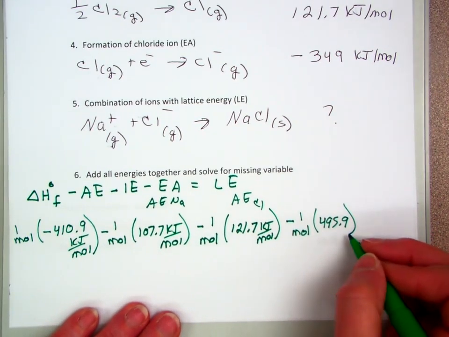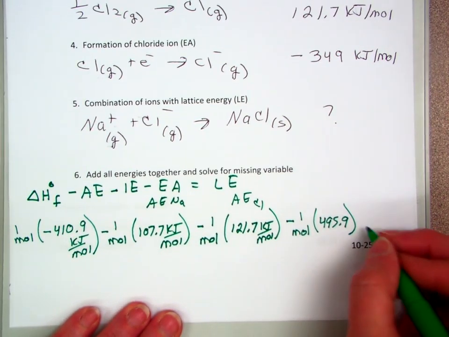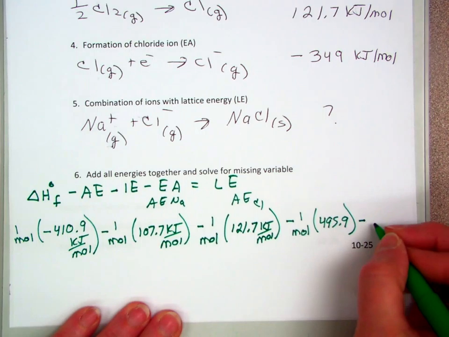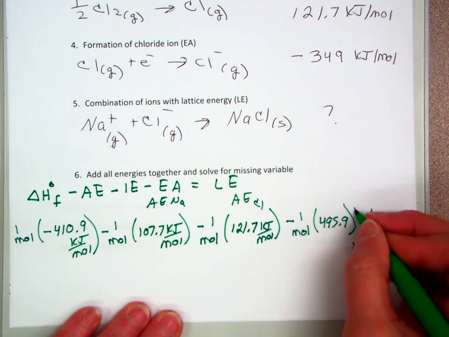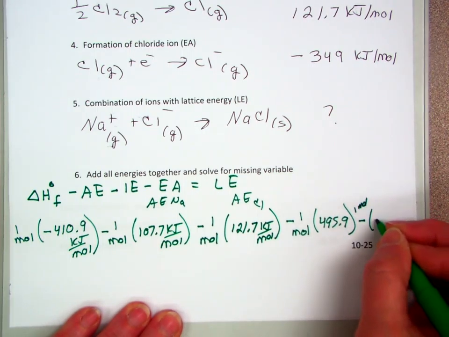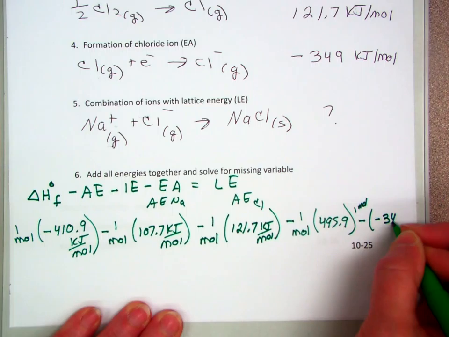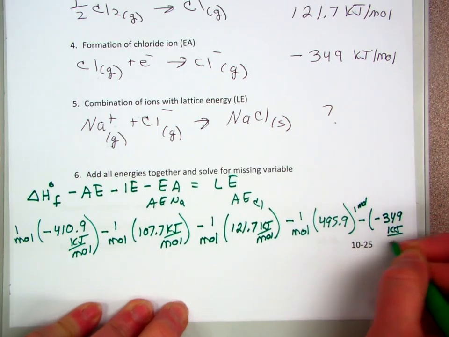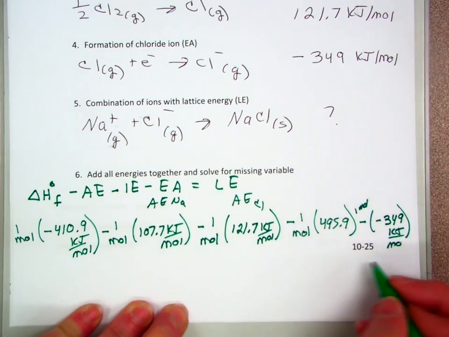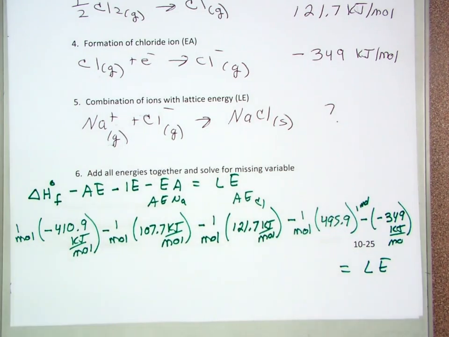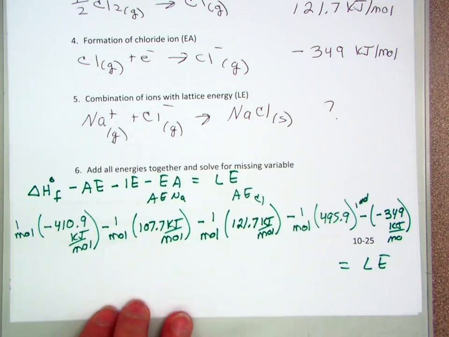So now I've subtracted out the ionization energy, minus the electron affinity, 1 mole times a negative 349 kilojoules per mole. And all of that is equal to my lattice energy. So all I'm doing is addition here. It's just sorting through the alphabet soup to find out what these numbers represent that takes the time.